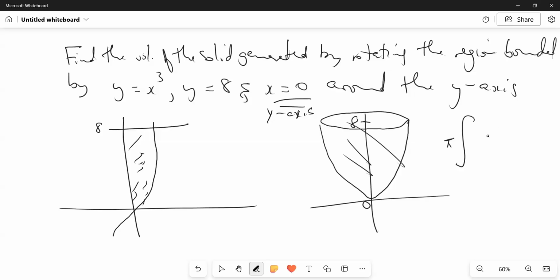But we have to change that. We get x equals the cube root of y, or y to the 1/3, so x squared is y to the 2/3.